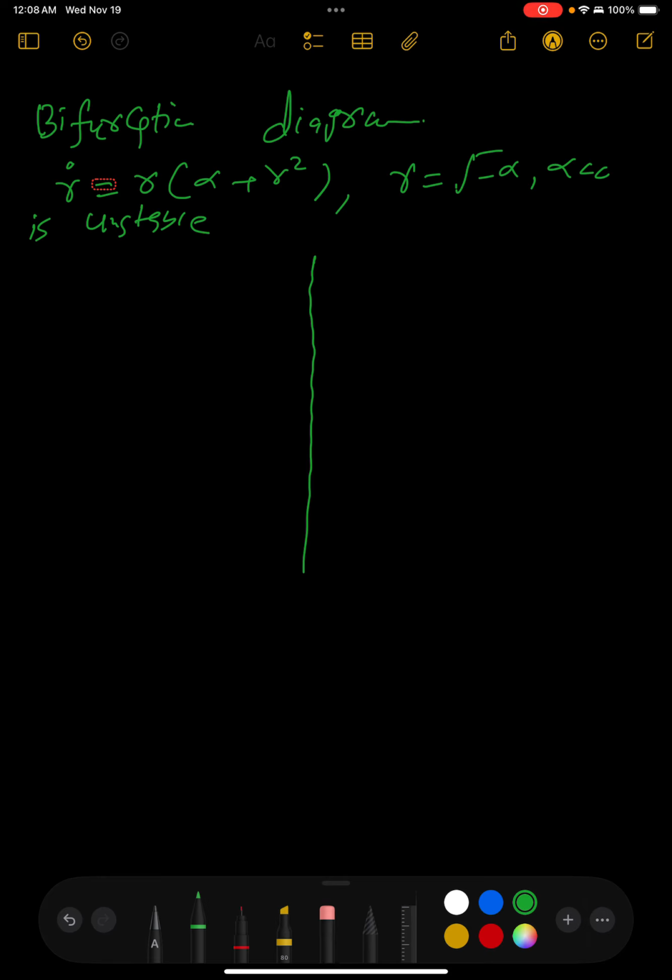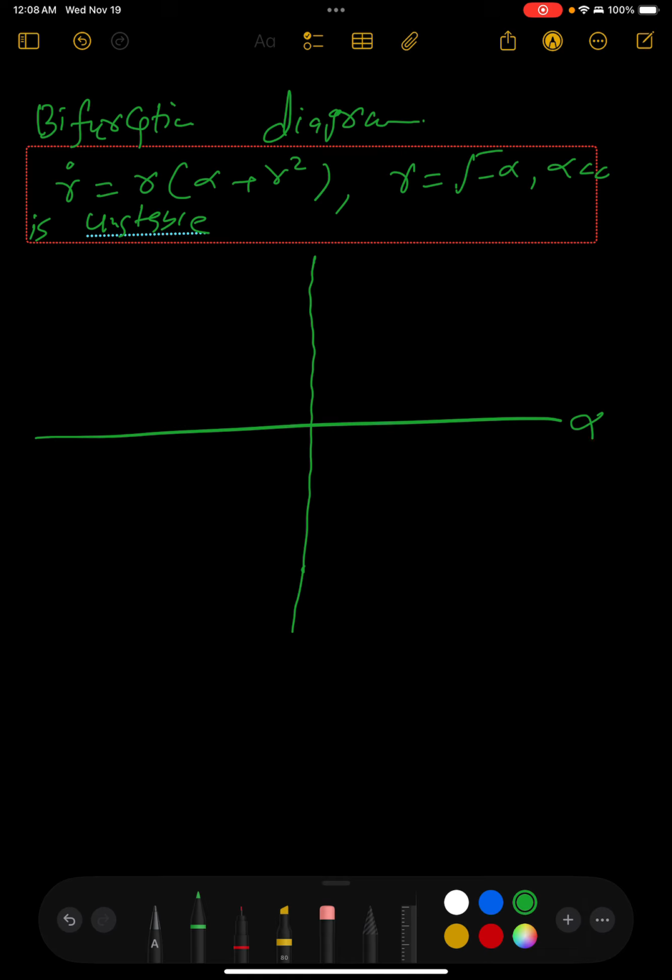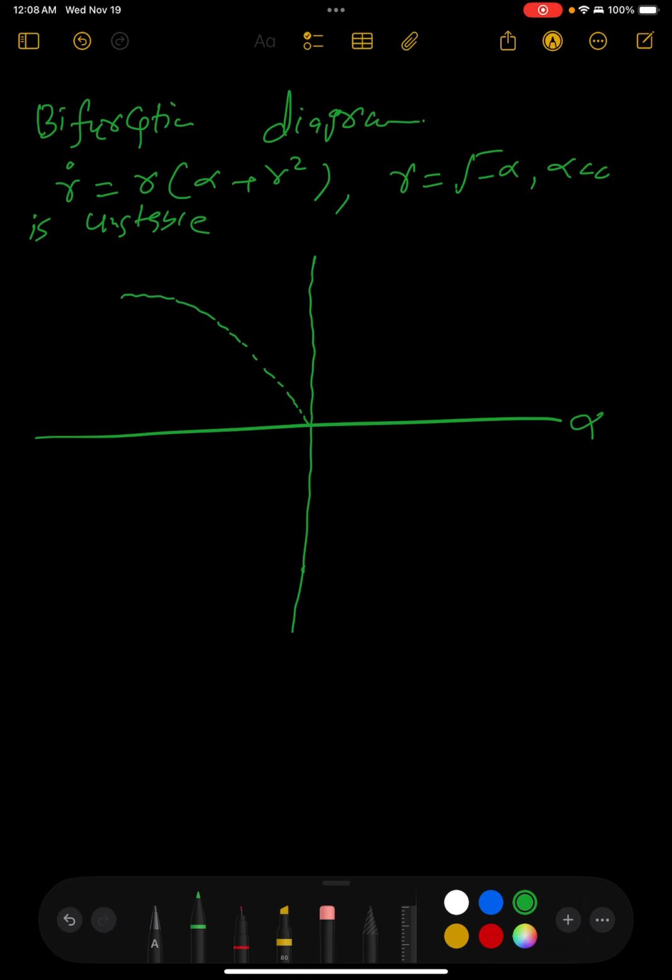Unstable means, okay, this is my alpha axis. So for alpha less than 0, r equal to the square root of minus alpha was unstable. Because it is unstable, I represent it with a dashed line.